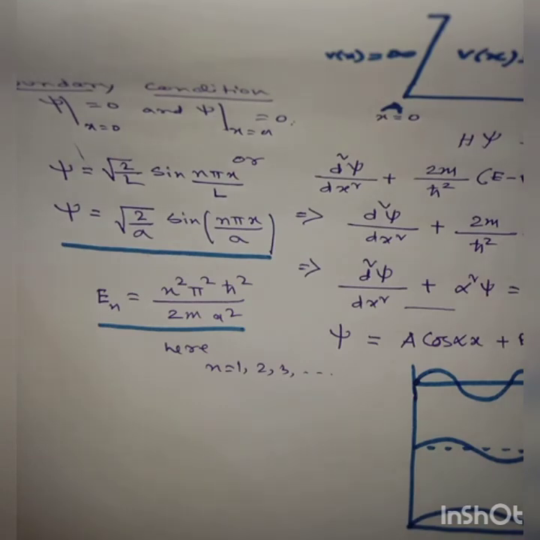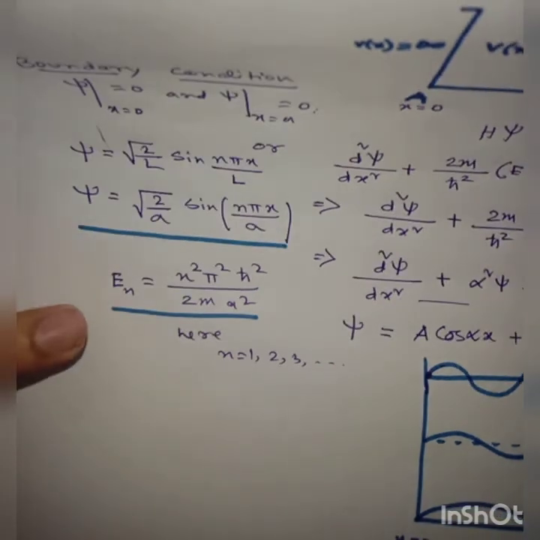From the expression of energy of a particle in a one-dimensional box, we see that the energy of the particle is quantized. The particle has quantized energy, which is in accordance with quantum theory.